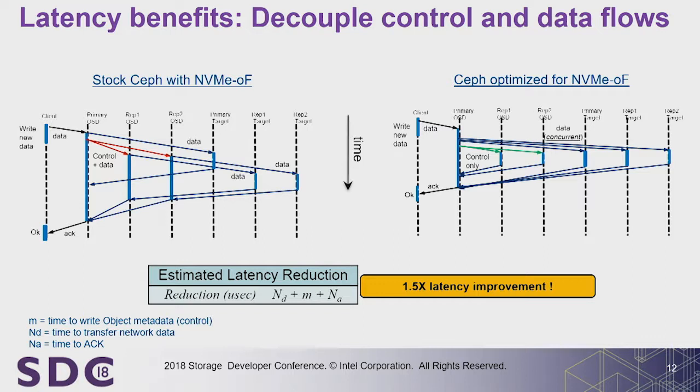Just like stock Ceph today keeps track of counters in terms of making sure the requisite number of replicas were landed, you would need to have some more logic there to make sure the data landed correctly at the remote storage target, and did the metadata land at the peer OSD, etc. But that aside, by doing this concurrent operation, intuitively, because you eliminate that relay hop, you're essentially removing one hop and back of the network transfer, right?